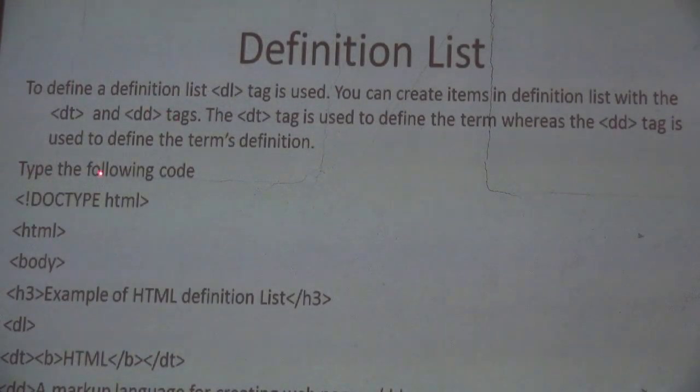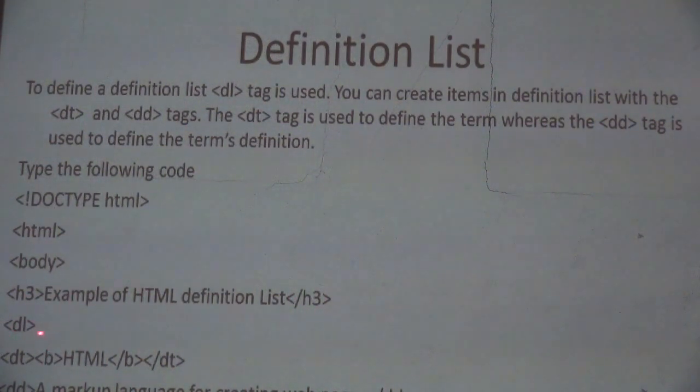Following this, type the following code. Document type. We are saying that this is an example of a definition list in an HTML program. Document type HTML, body, H3, example of HTML definition list. We close this heading 3.